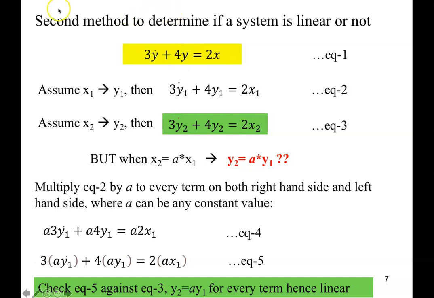Let's assume I have x1 as the input and y1 as the output. Just by replacing x with x1, y with y1, and y dot with y1 dot, I get equation number 2.